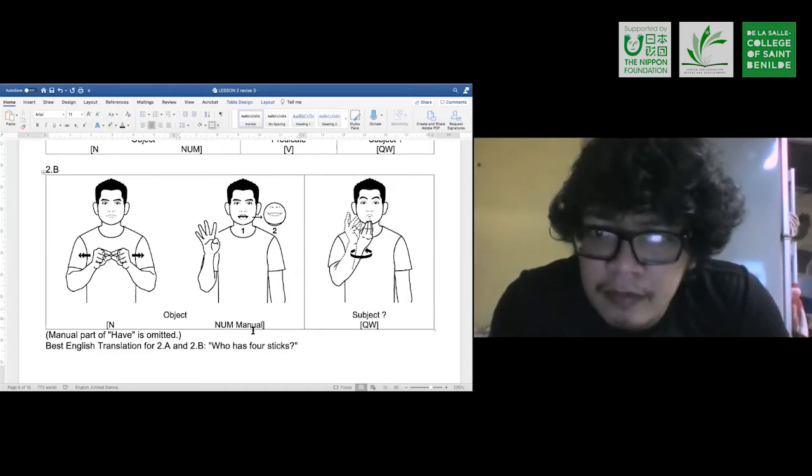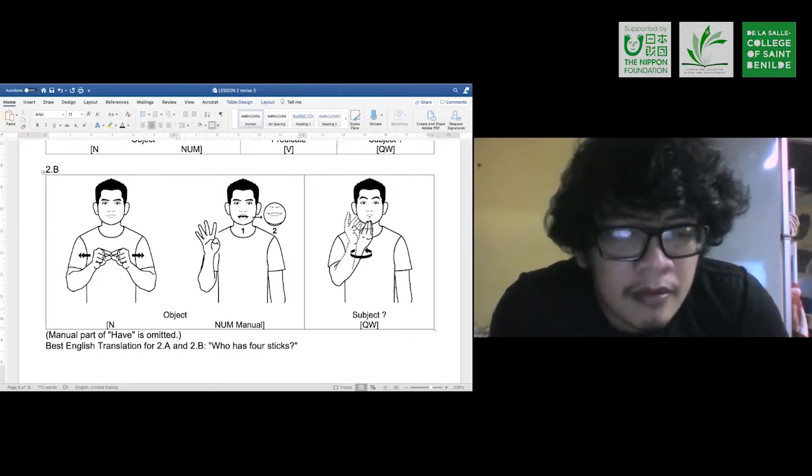Okay, so the first part would look like this, object plus predicate.